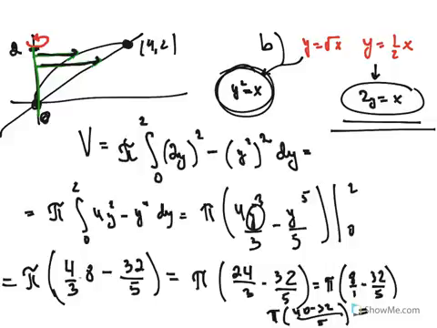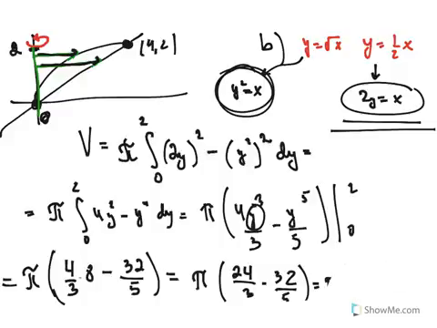And again, I found this mistake, that's why I paused here. So here's my mistake. 4 times 8. I hope you caught it right away. 4 times 8 is not 24, it's 32. So 32 over 3 minus 32 over 5.